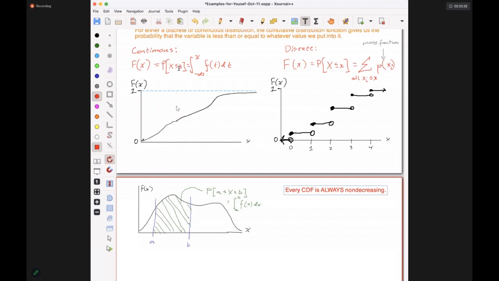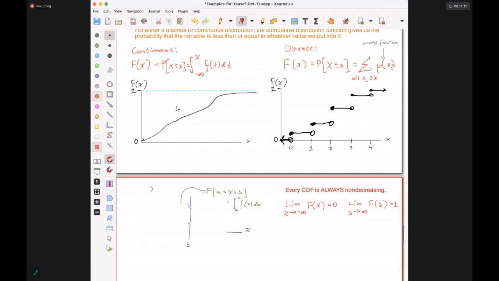And for any CDF, like I mentioned before, the limit of the CDF as x approaches negative infinity is 0. The limit as x approaches positive infinity is 1.